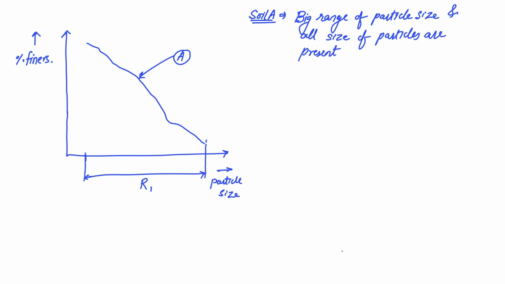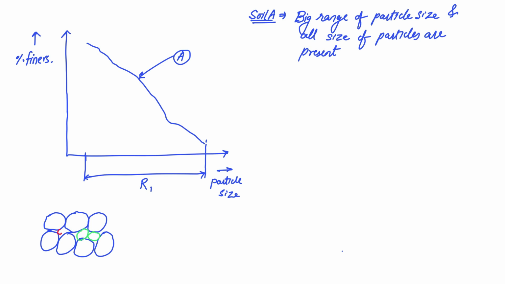What is meant by that in the soil structure? Let us understand that again. See, these are the bigger size of particles. And as I said, all sizes of particles are present because the slope is almost constant. So even medium size of particles will also be present. Let us suppose that this void is actually filled by the medium size of particle. After that, even the smaller size of particles are also present here.